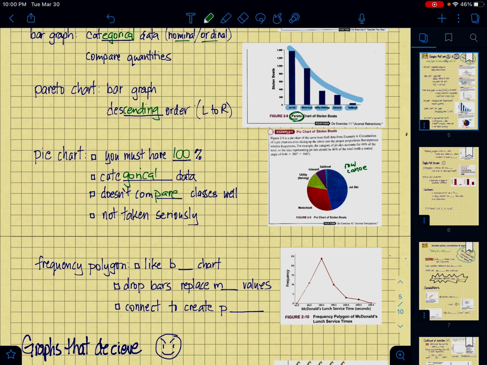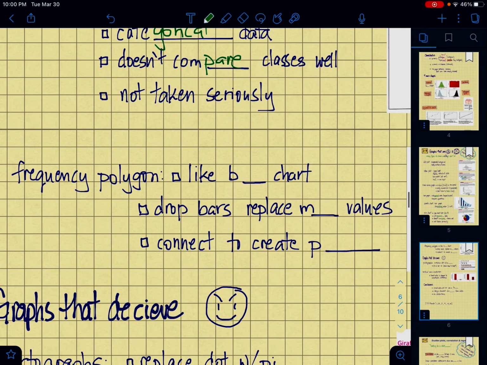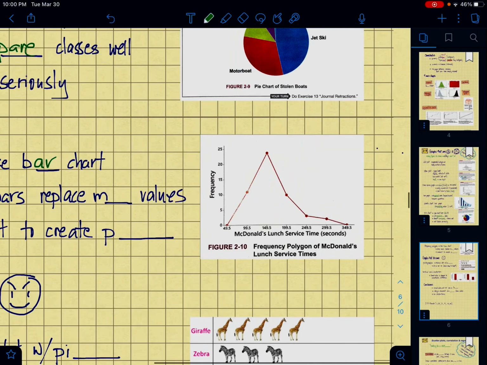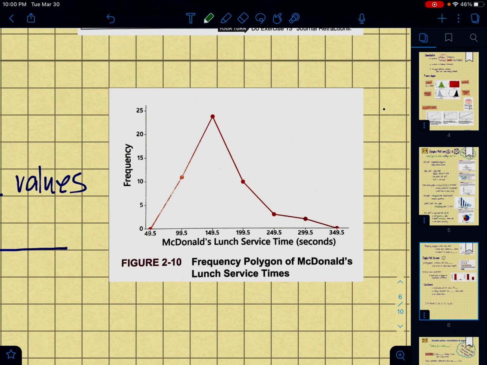This one is another one that you might want to jot down. It's a frequency polygon. It's like a bar chart. Okay. The only difference is that we've got bars, and in the middle of those bars we take a midpoint. All right, and that midpoint becomes the mid. What do we call it? The class mid value.